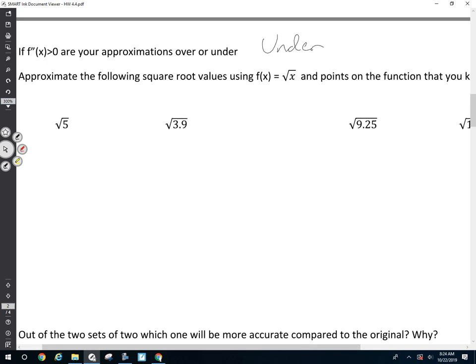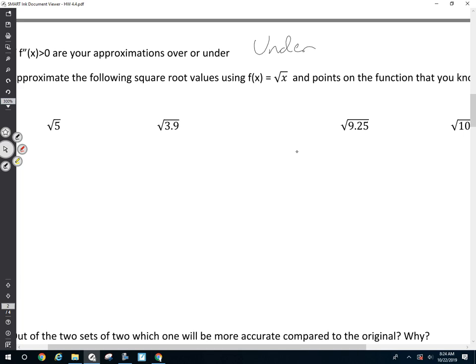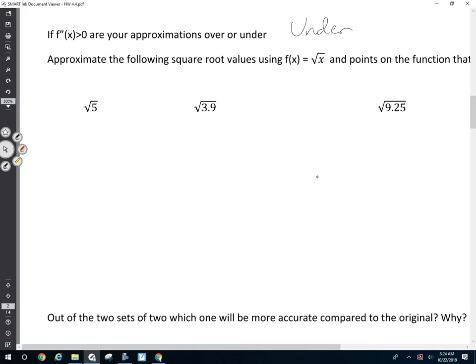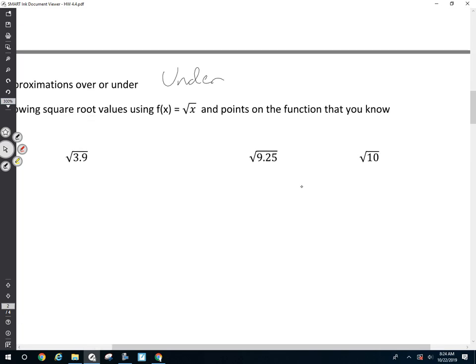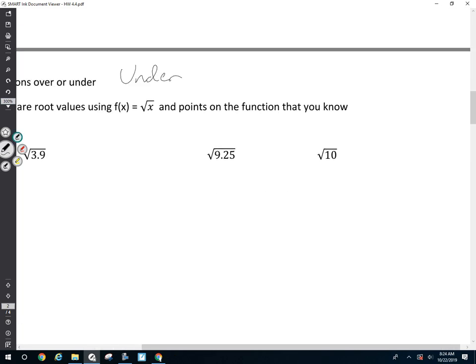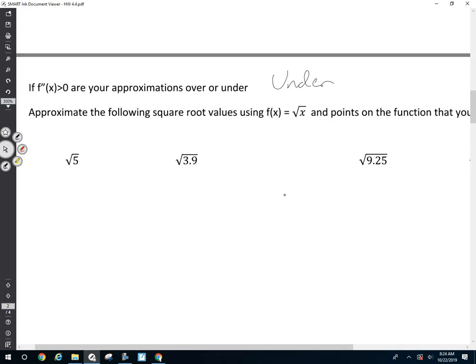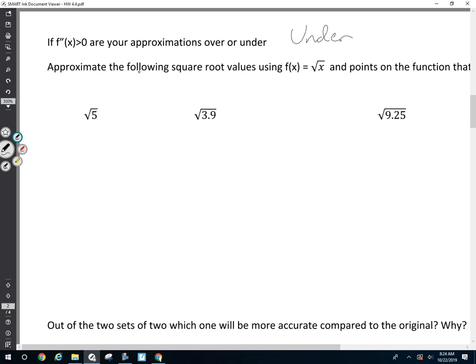Approximate the following square root values using f of x equals root x and the points on the function that you know: root 5, root 3.9, root 9.25, root 10. Well, first things first, we should understand that there are points I should be using: f of 4, root 4, which is 2, when x is 4, that's close to 5 and 3.9.